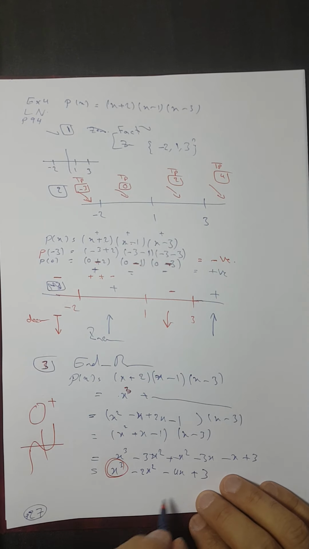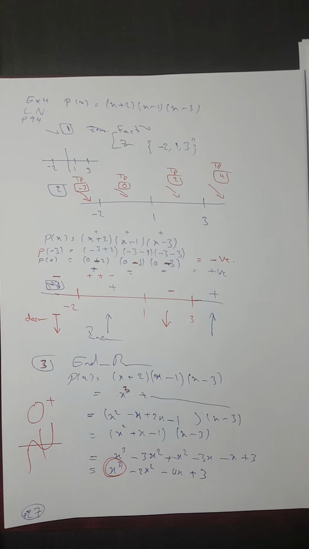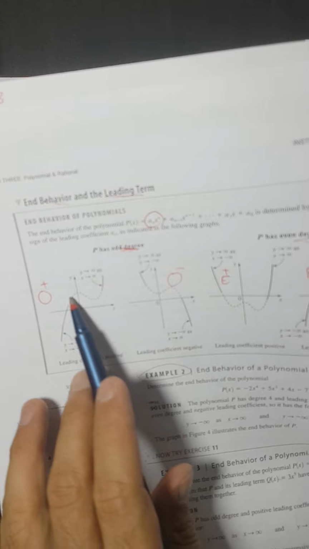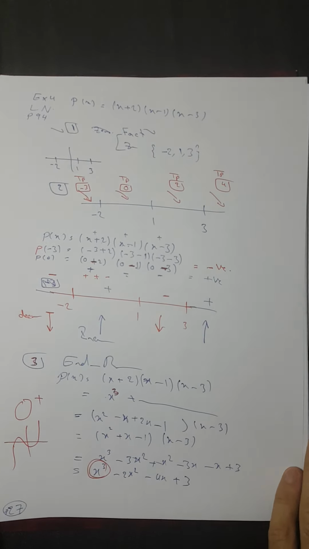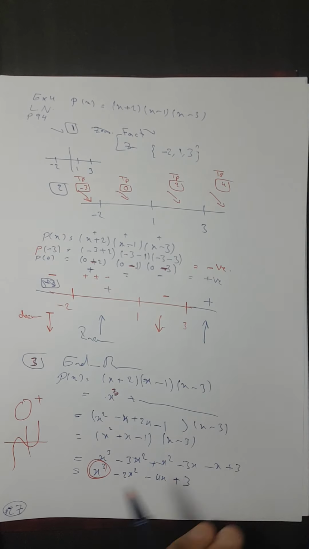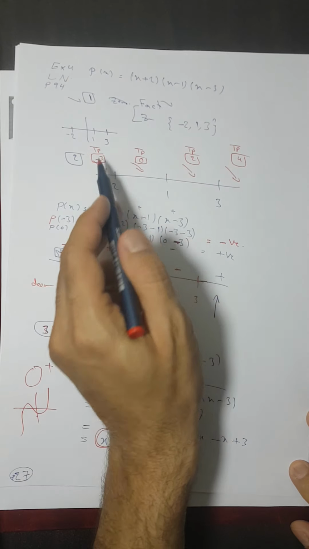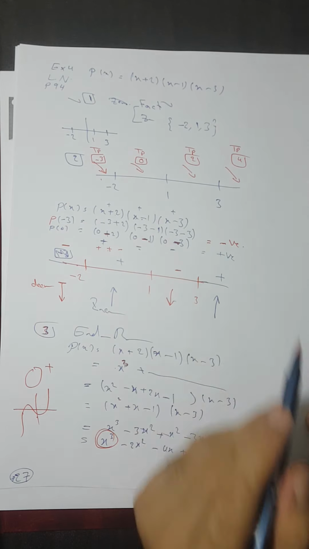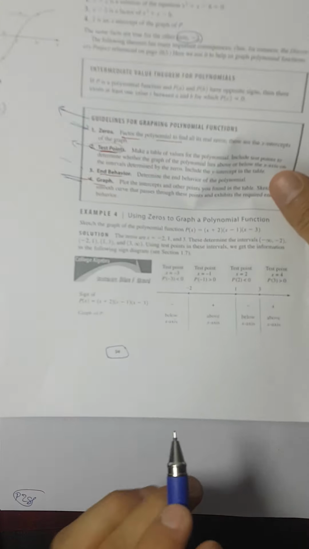It's like an N. As you have on page 92, if I have a positive leading coefficient, the shape will be something like an N. So that's why in this example I got the shape, I got the increasing and decreasing, and also I got the intersection points.